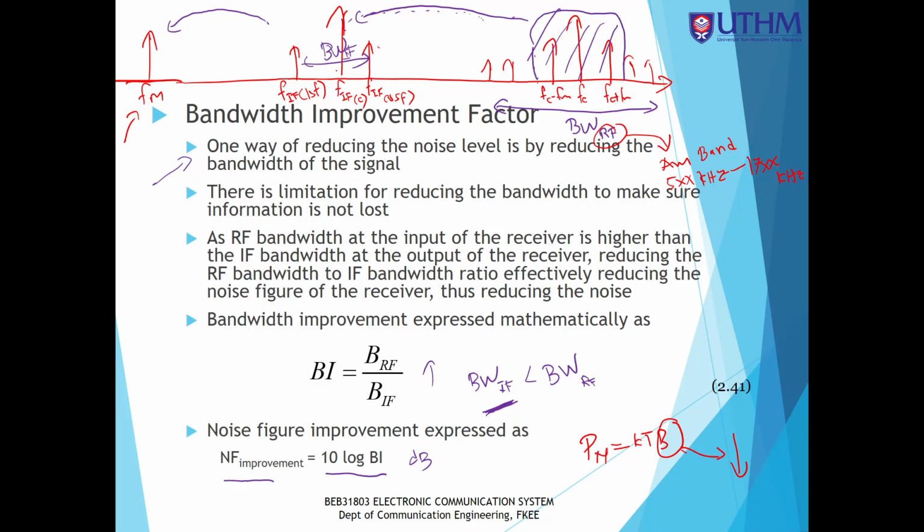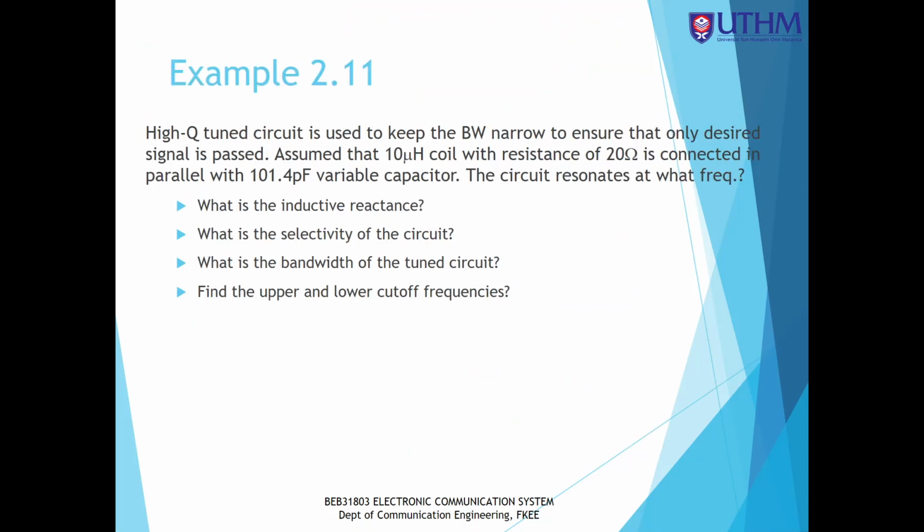AM ini dalam julat medium range frequency. You learned medium frequency in chapter 1, if you remember. Later you're going to see what happens to the IF. IF is around 400 something kilohertz, lower than the RF. We're going to see that later. Now let's do an example, example 2.1. This is about the tune circuit.